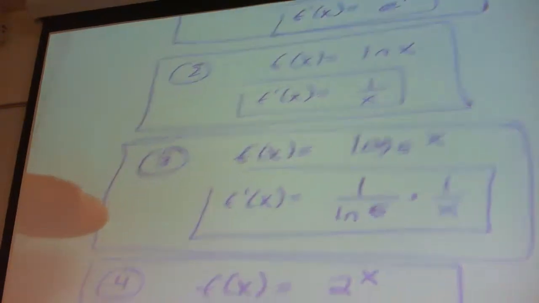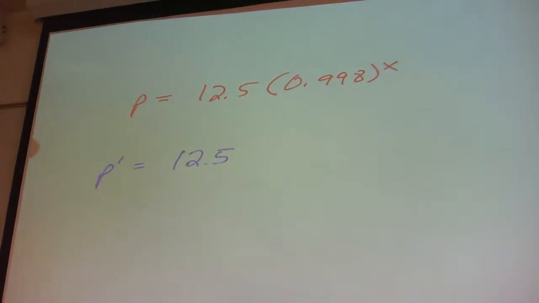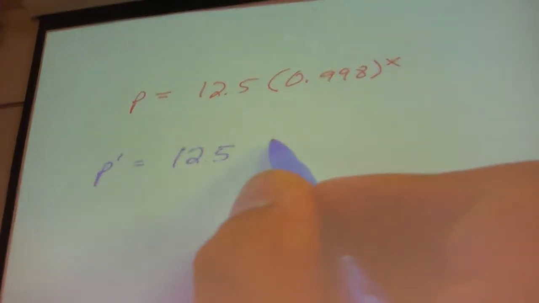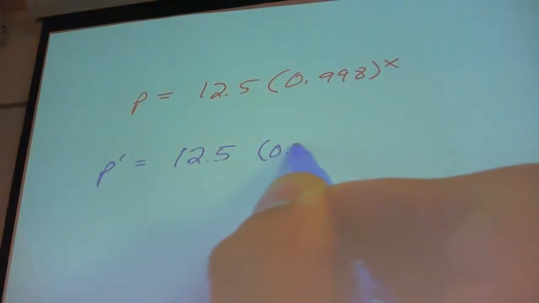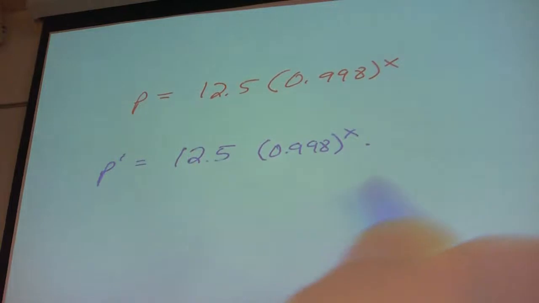Is it a log? Is it a number raised to a variable? Number raised to an x. So what's the pattern? Rewrite it, ln of the base. So step 1, what do we do? Rewrite it. Times what? ln of the base.